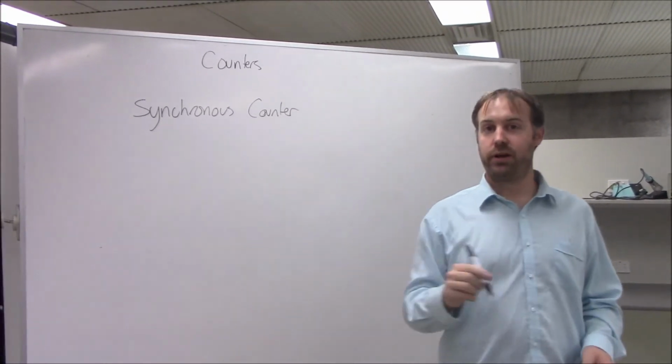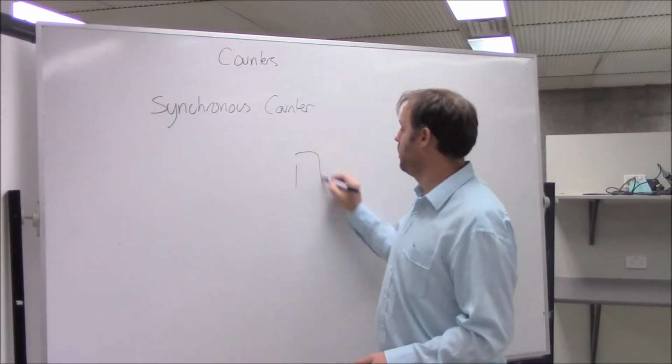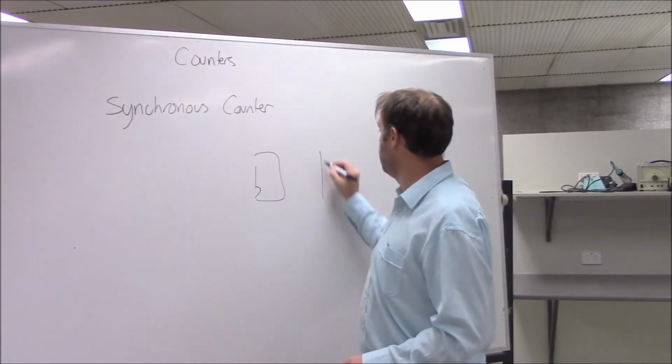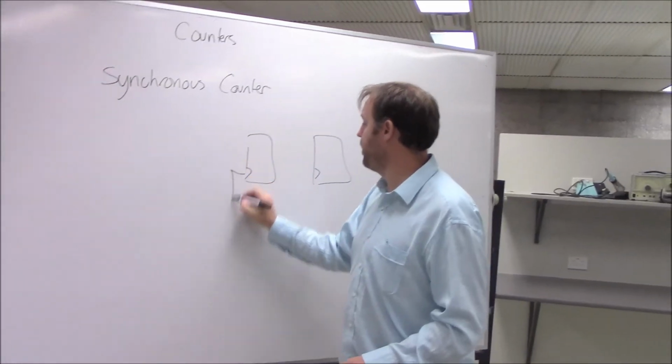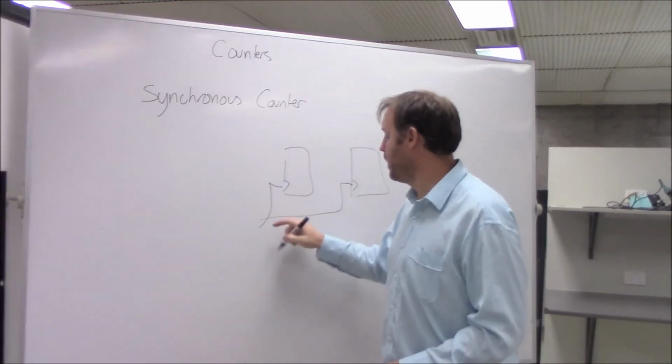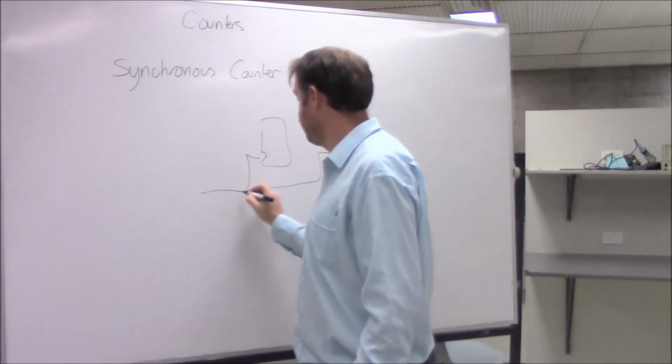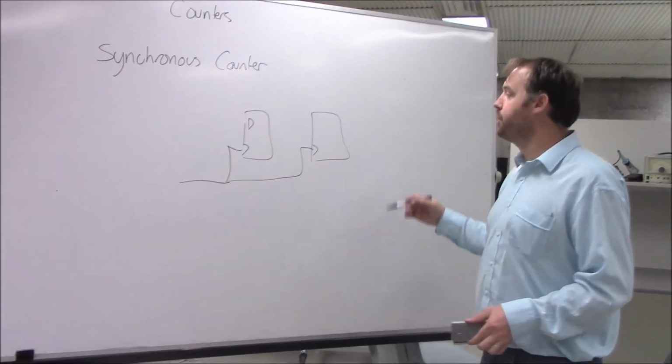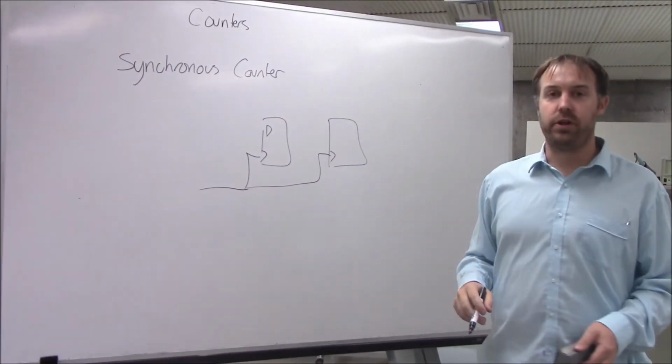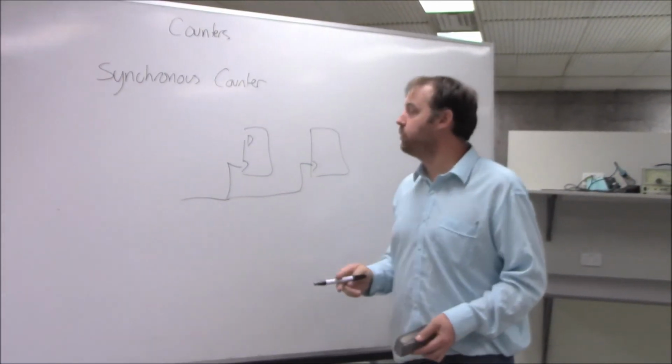So all the clocks are connected off one flip-flop. So these are all connected together this way. So that is what the internals of a synchronous counter would look like.